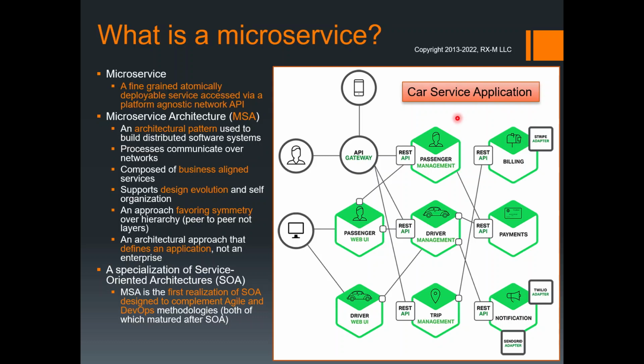Consider a ride-sharing application, an Uber or Lyft type application. There are so many parts to such a large application, worrying about passengers and drivers and trips, and of course, accepting payments from a passenger to pay for the trip. That one small piece, a payment, might be an appropriate microservice.